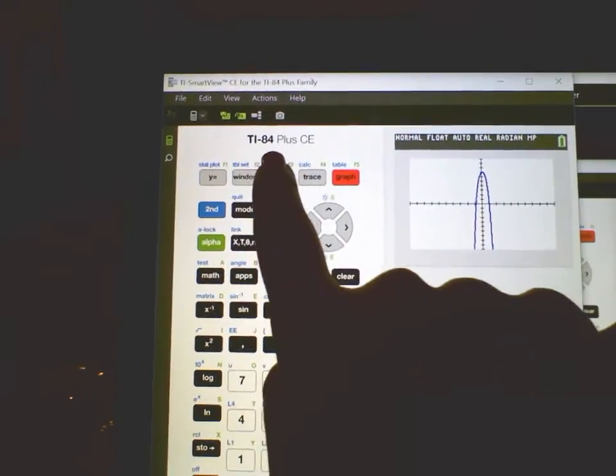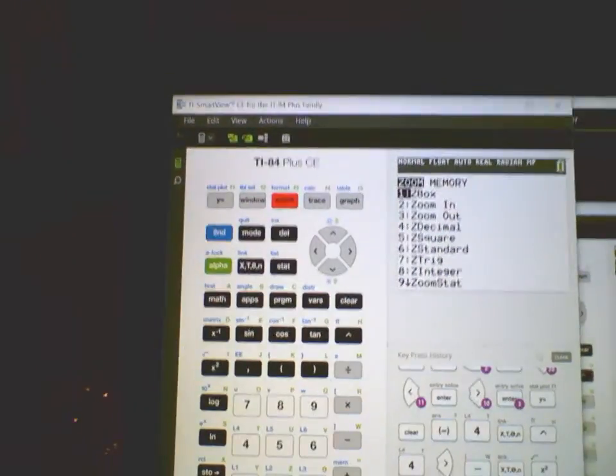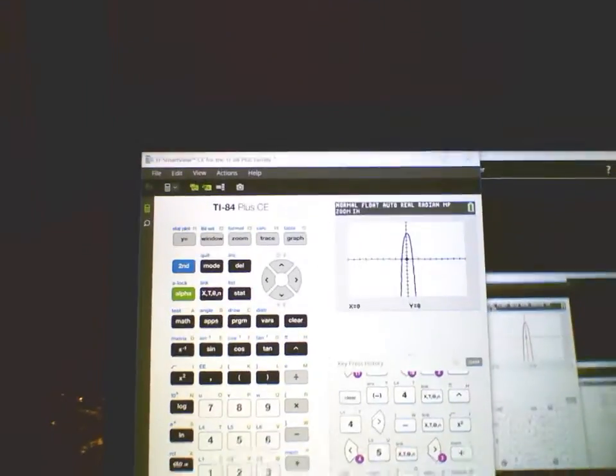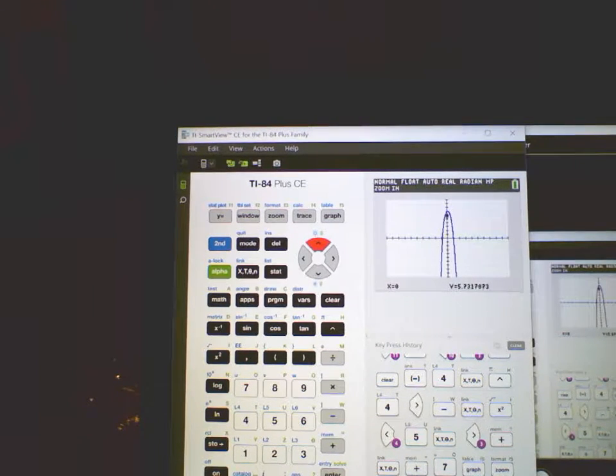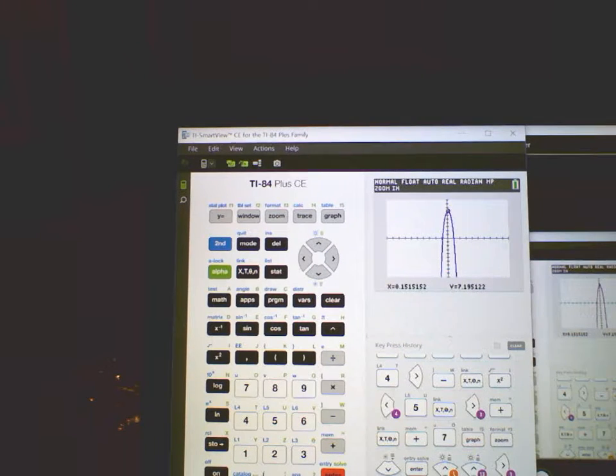All right, so when we graph that, if we were to zoom in just a little, if I zoom in right at the top of the parabola, because I want to see if that top portion is going to be right on the y-axis.